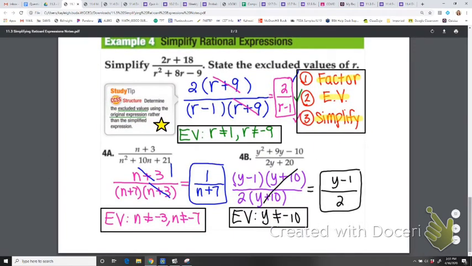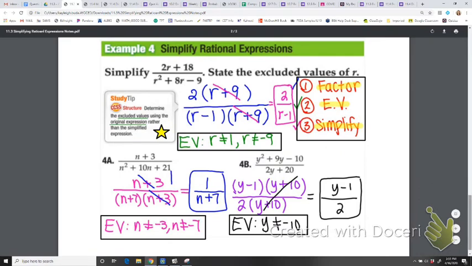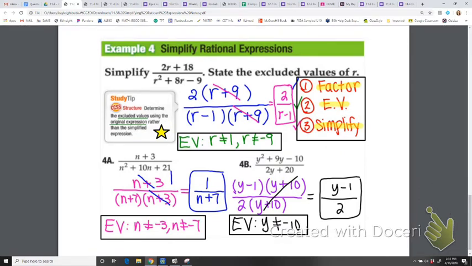So this is the last 3 examples I'm going to talk through. Example 4, simplifying rational expressions. And we also need to state the excluded values of r. The first thing you want to do, over there I have a little checklist. Number 1 is factor everything that you can.